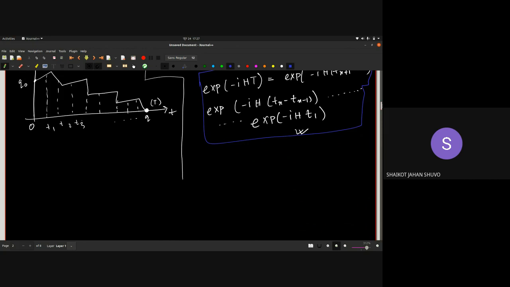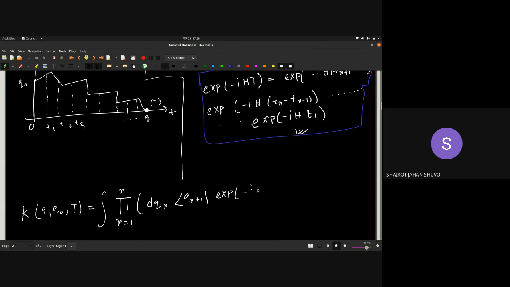So if you do that, your kernel would look something like this. Again, this is a product symbol. It means you are multiplying the stuff. q of r, q of r plus 1, exponential of I h, t of r plus 1 minus t of r, q of r.